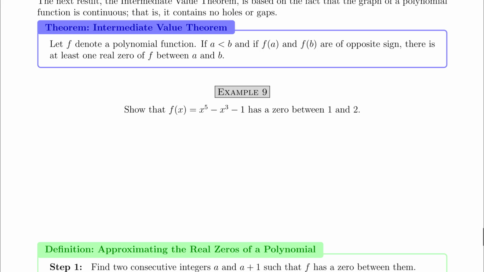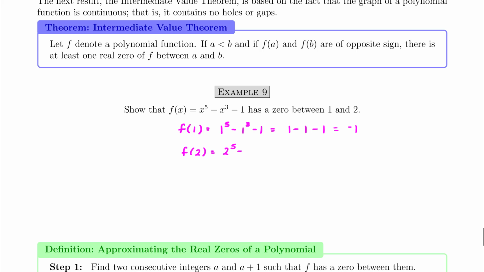So example 9 just says show that the function has a zero between 1 and 2. So let's evaluate it at 1. And what we get is 1 minus 1 minus 1. And that's going to be equal to negative 1. All we're interested in is a sign. Then we do it for positive 2.